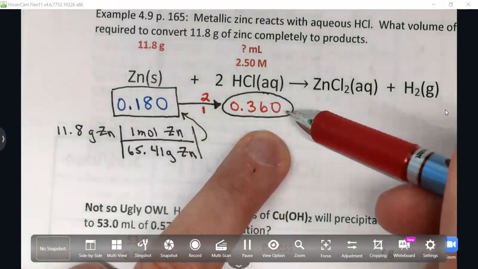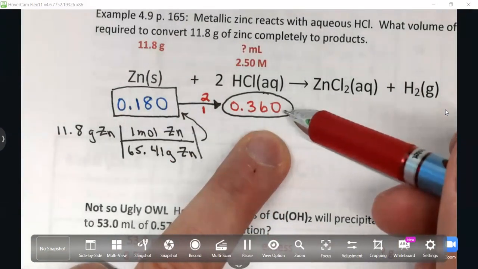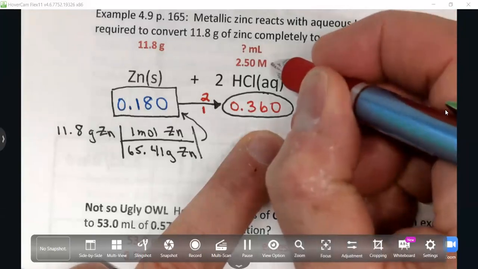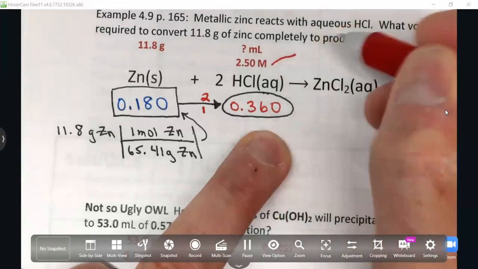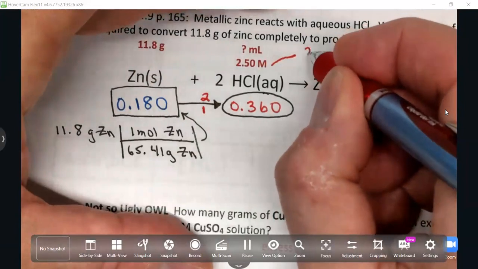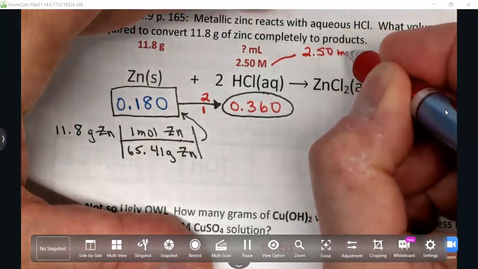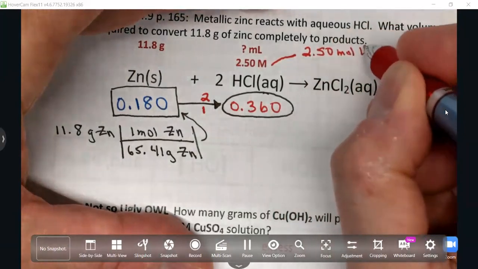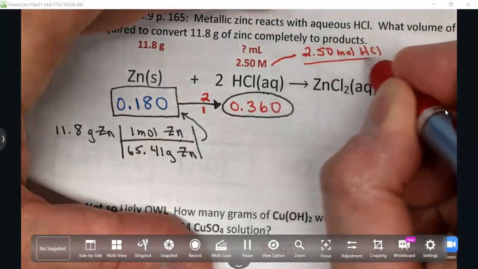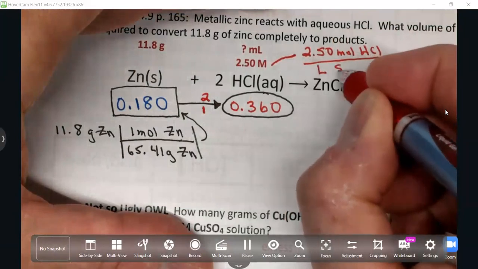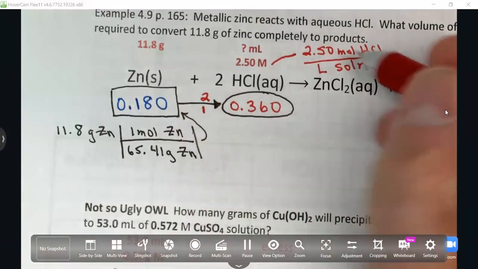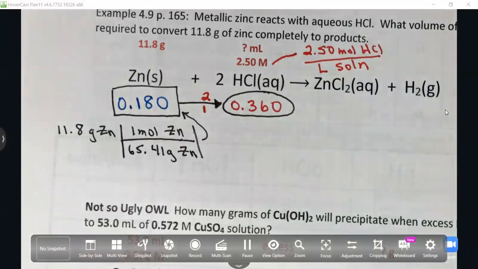This is in moles, right? We know this is in moles. We know that this right here means 2.50 mole of HCl per liter of solution. That's what that means.